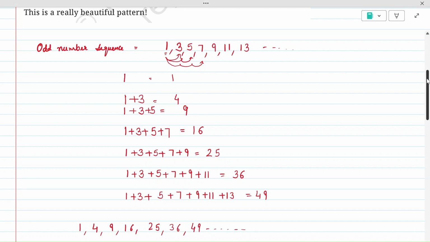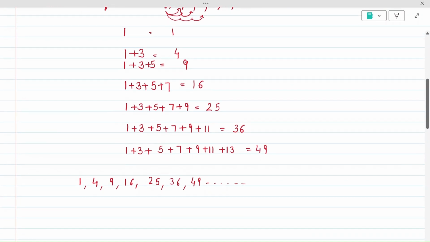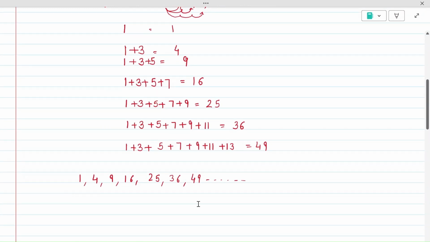So we can clearly see that this is another sequence. Now you should know by this time what this sequence is. This is nothing but the sequence of squares, right? This is 1 square, this is 2 square, 3 square, which is 9, 4 square, which is 16, 5 square, 25, 6 square, 7 square, and so on, right?